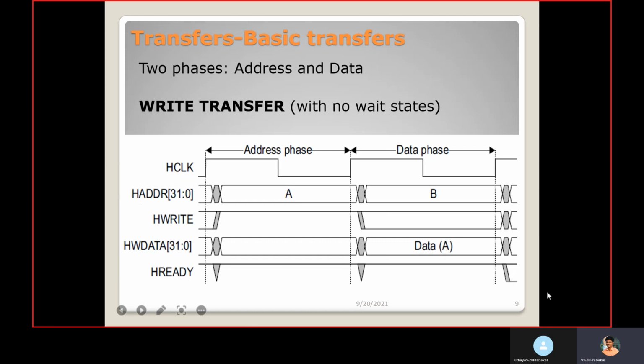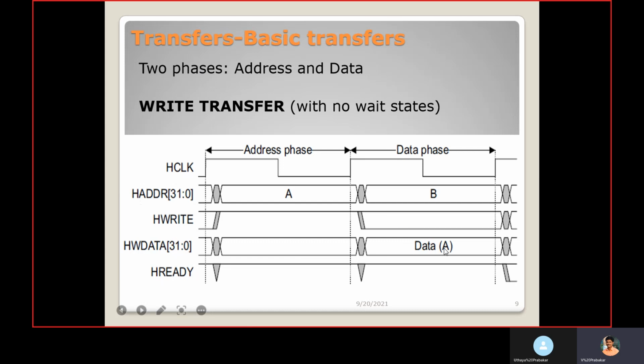In the data phase we need to give the data, HWDATA, some data that is for the address A. HREADY is given by the slave, and when HREADY is 1, the corresponding data will be stored in the given address location A. During this time, we can perform both address phase and data phase.